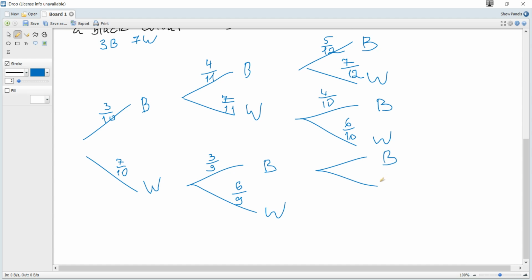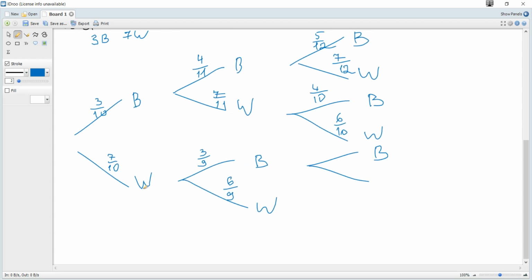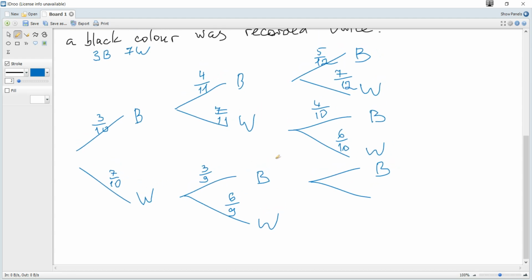And here we have minus 1 white, so 6 white, and plus 1 black, so 4 black, so it becomes 4 out of 10 probability to get black, and hence 6 out of 10 to get white.